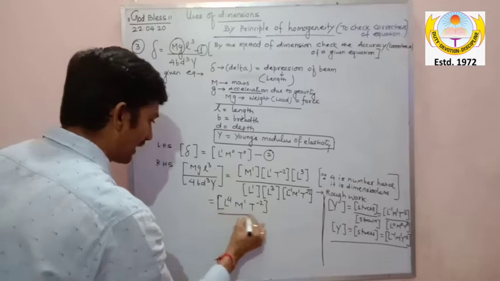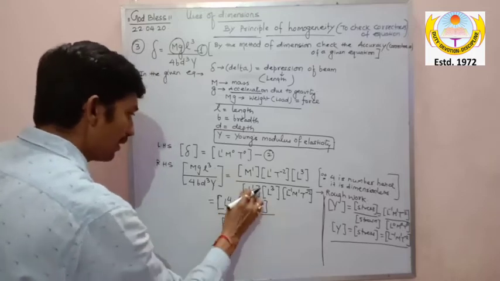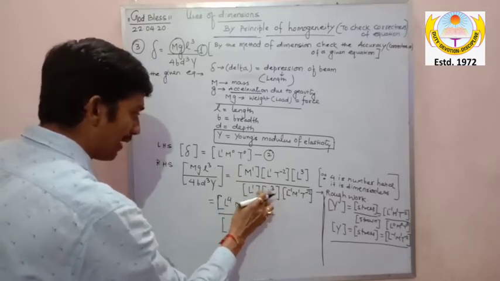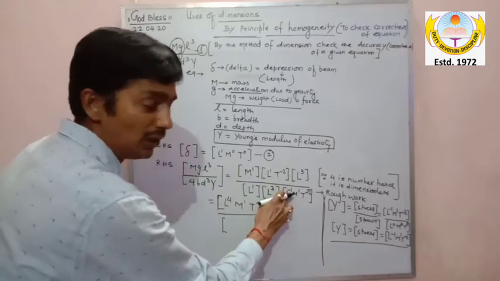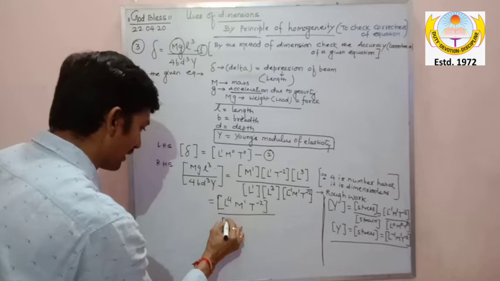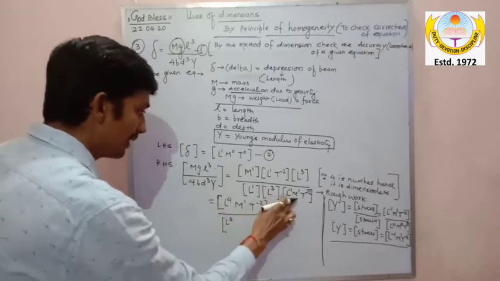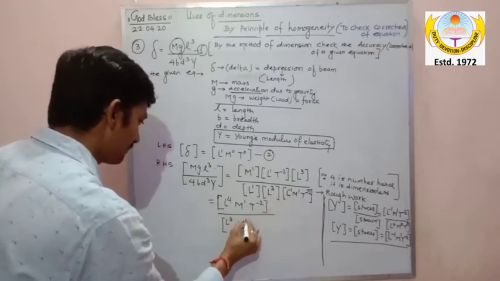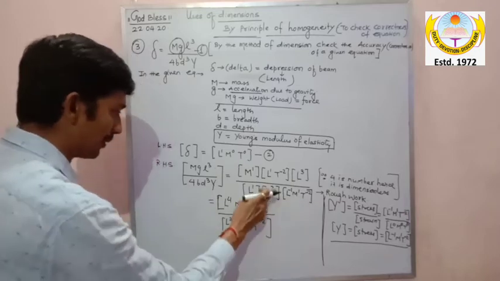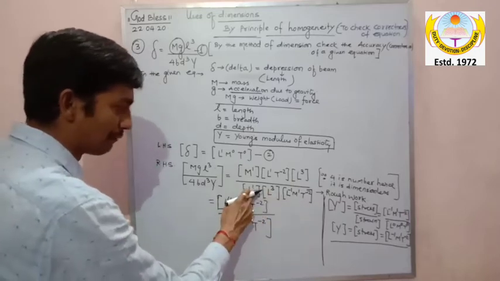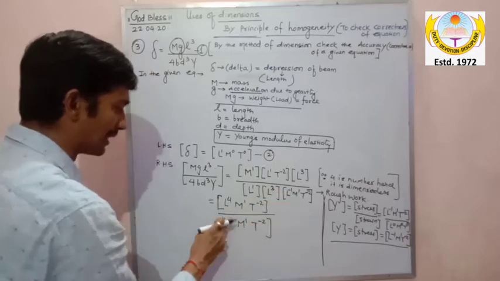In the denominator, L1 and L minus 1 become L0, and the L3 is as it is, so it is L3, with M1 and T minus 2. So L3 and L1 give L4, and L4 with L minus 1 leaves L3.